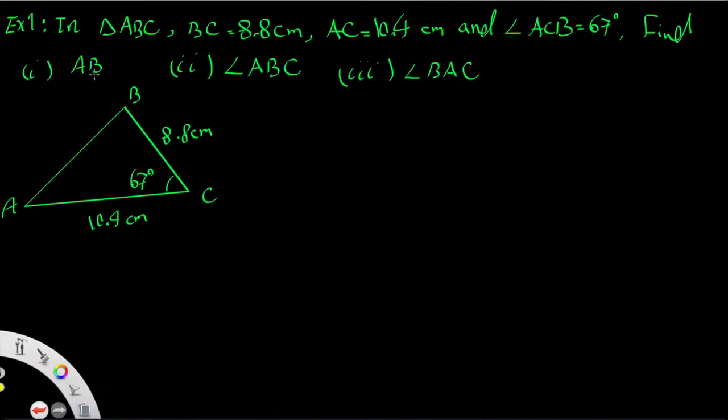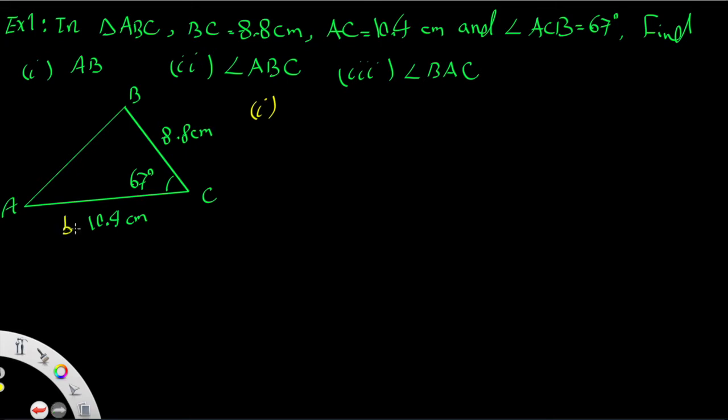Example 1 concerning cosine rule. In triangle ABC, BC is 8.8 centimeters, AC is 10.4 centimeters, and angle C is 67 degrees. Find first part AB. Now, you can easily apply cosine rule to find AB. So AB squared, let me label sides.